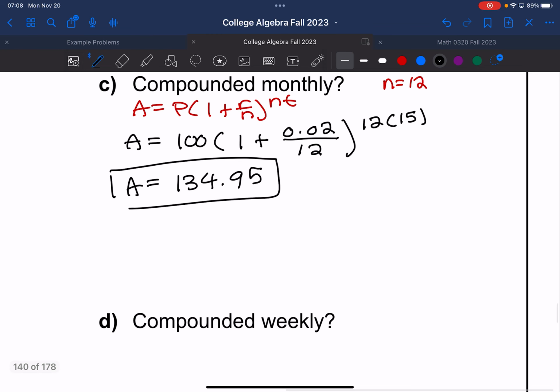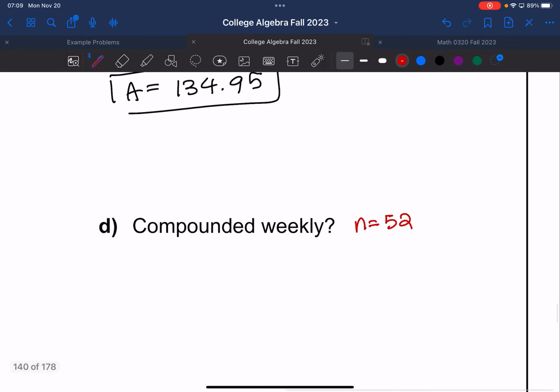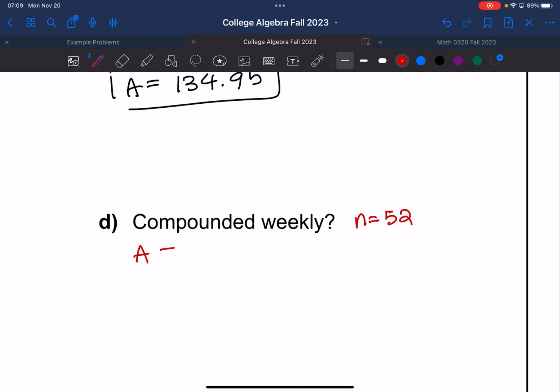Now we're compounding weekly, so what value is changing? Our N value. How many weeks are in a year? 52. So now instead of putting 12 like we did in the last one, we're putting 52.